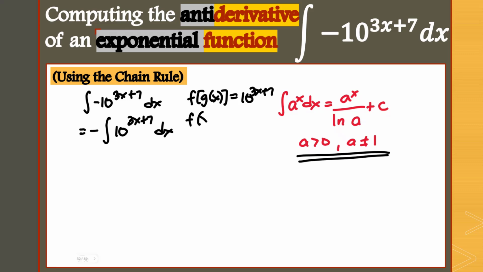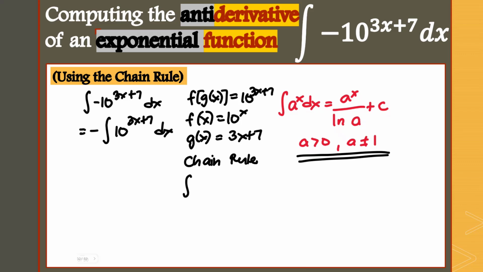If we let our f of x just 10 to the power of, let's say, x, but the x there is another function, 3x plus 7, hence composite function.